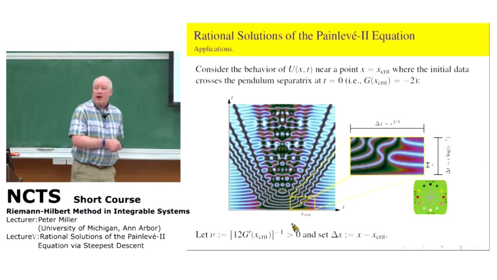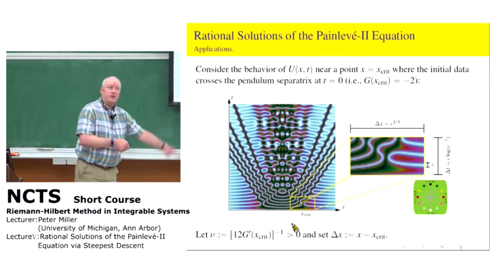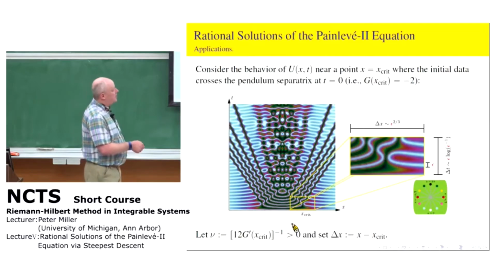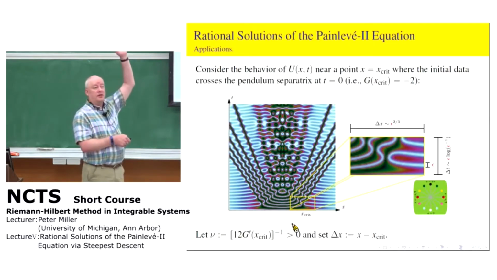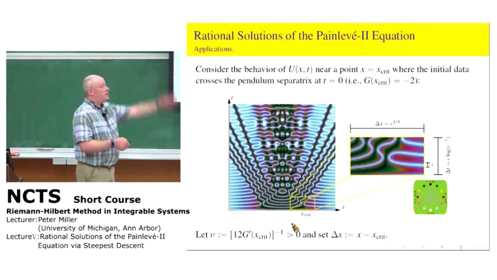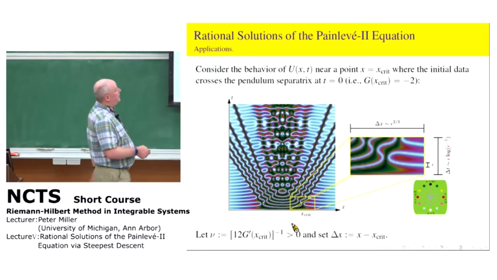So it's very small out in the wings, and there the pendulums are swinging like this. So you can see that there should be something interesting happening near these points where the function g has just the right value that corresponds to the separatrix in the pendulum phase portrait. Okay? That's exactly when you have the homoclinic orbit that connects the vertical configuration to itself, and that's happening right at this value of x.